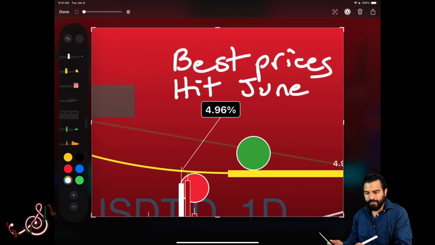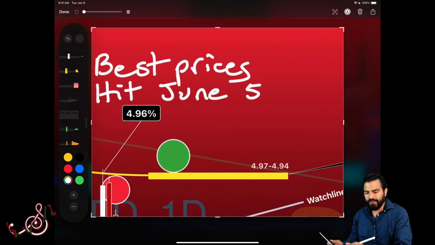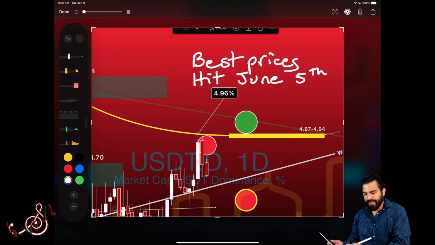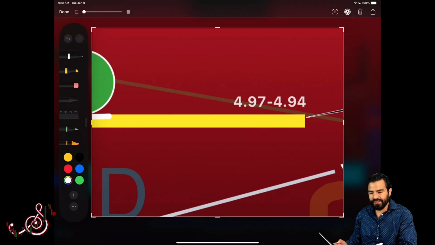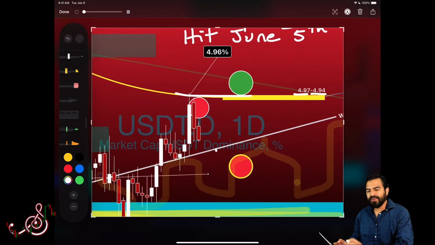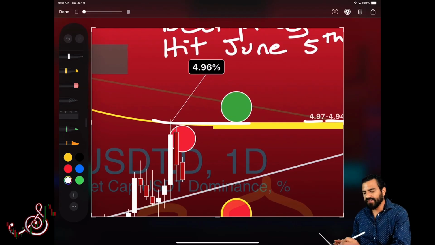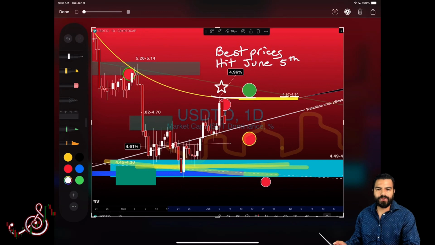June 5th. For all of you who set an alert at that area, just like I told you guys, this is where we level off. The official range is 4.94 to 4.97. Everyone who set up alarms should have gotten some kind of notification that it was a good entry, or prices were low anyway.